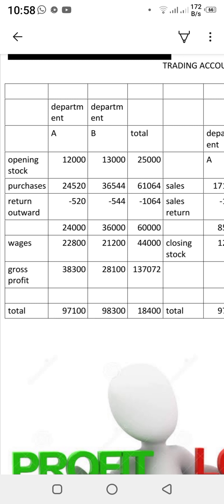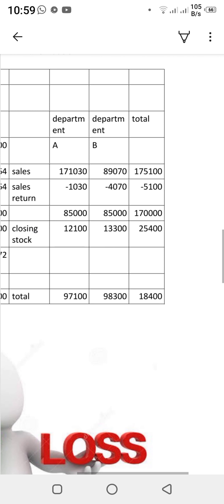Next one is wages. It will appear respectively for department A and department B, and we have added it. Sales appear on the credit side of the trading account with their respective amounts in their respective columns, and I have deducted sales return in that specific column without assigning any separate column to it.